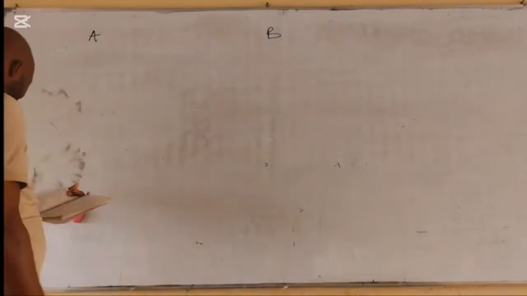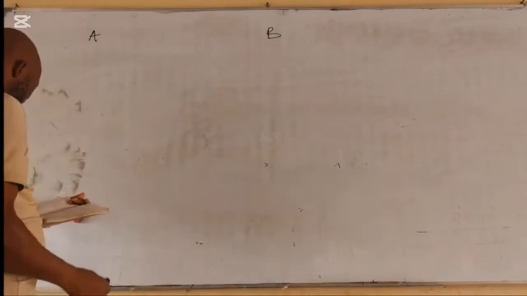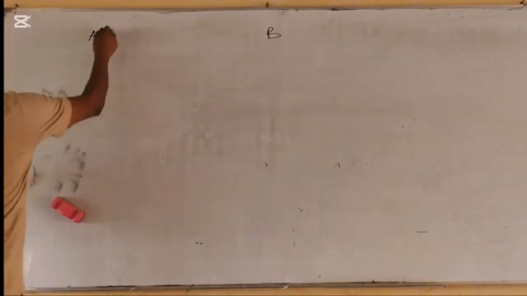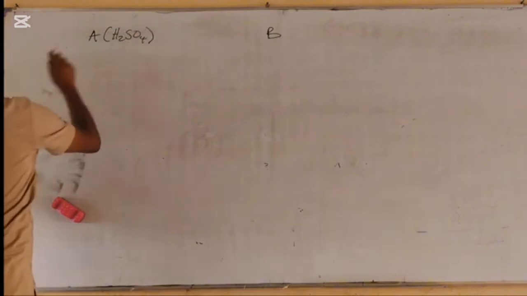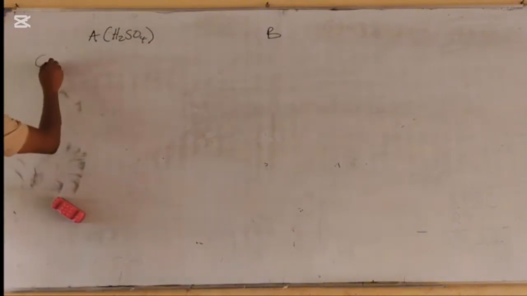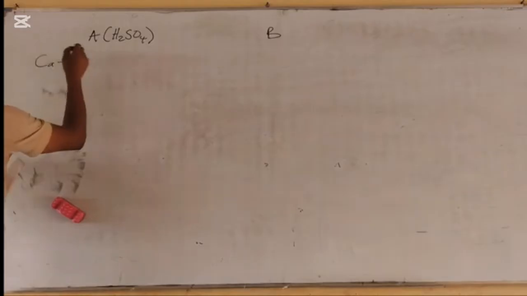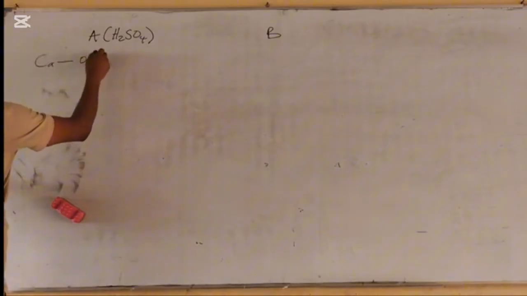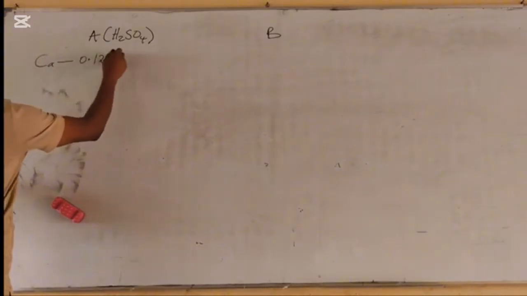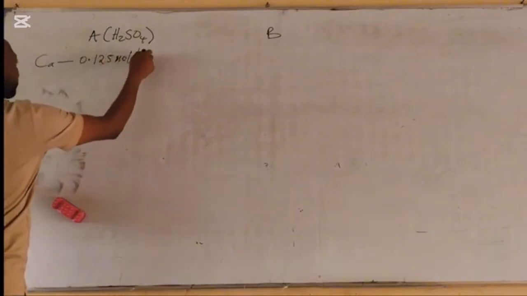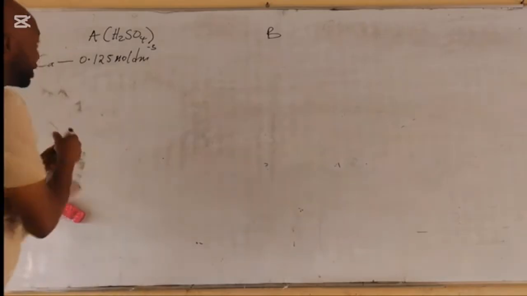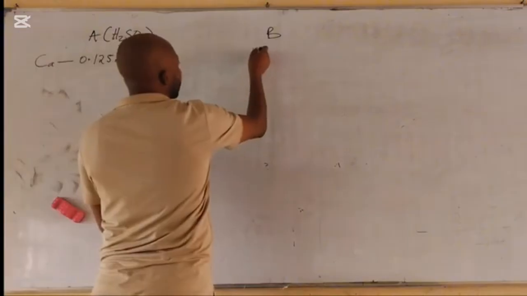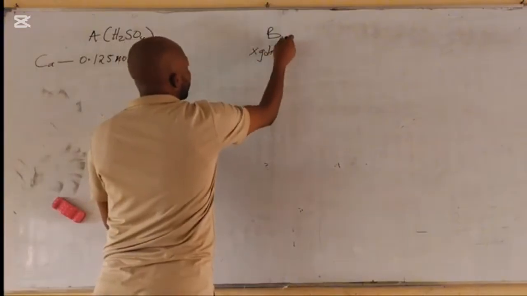We say A is 0.125 mole per dm³ H2SO4. So this is A, which is H2SO4, and the concentration of the acid is 0.125 mole per dm³. B is a solution containing x g/dm³.